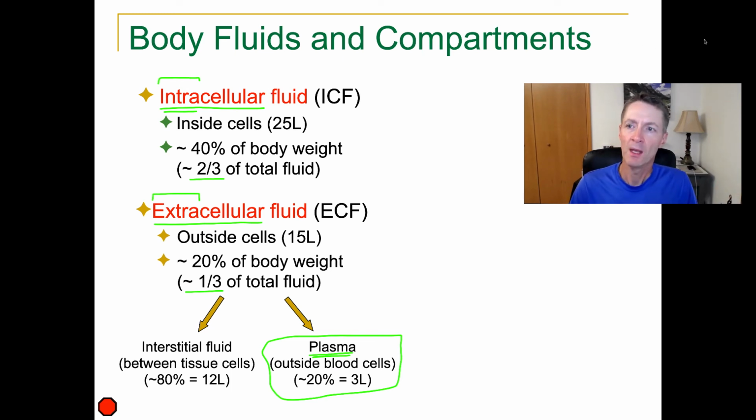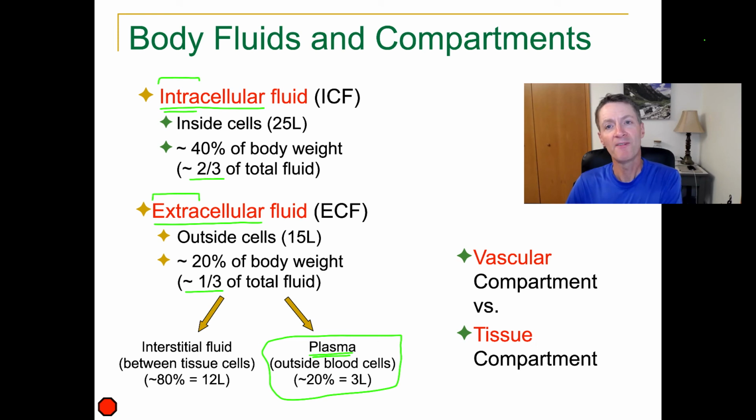All right? Another way of thinking about fluids in the body would be to think about the fluid that is contained just inside the blood vessels. The vascular compartment, right?